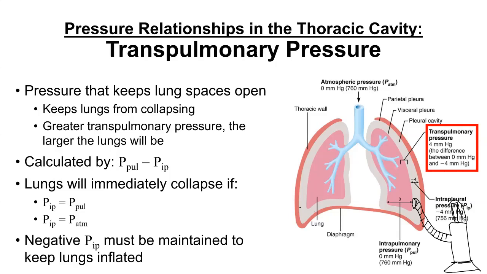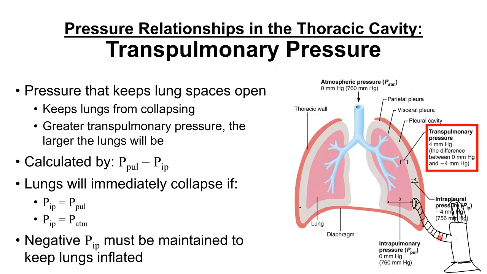When you take the hose and put it up against something, it sucks it into the hose because you're creating a negative pressure inside of this hose. That's kind of what the interpleural pressure is. The best way to explain it: the stuff that you're trying to use the hose on is at atmospheric pressure, and the hose is at a negative pressure, so it creates a sucking force that pulls things into the hose.